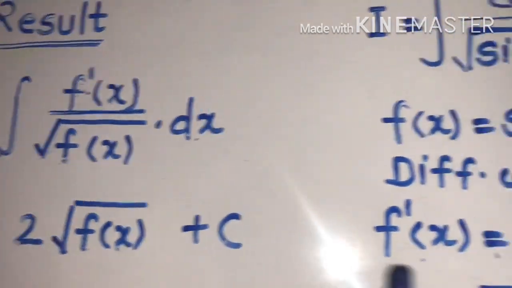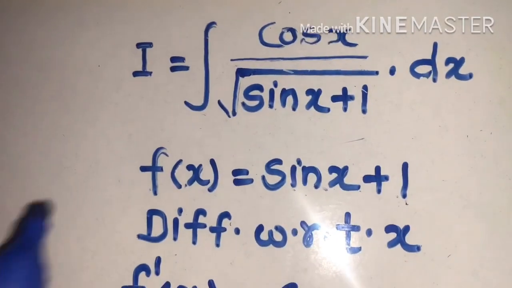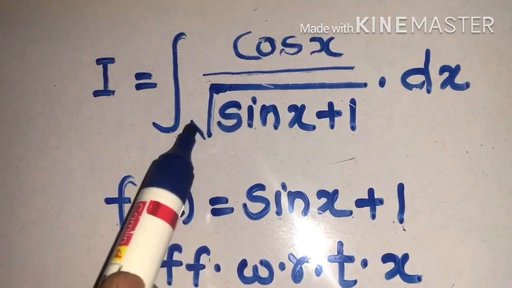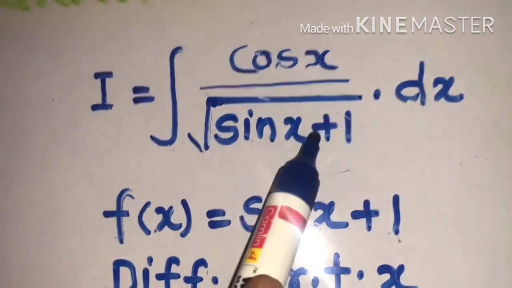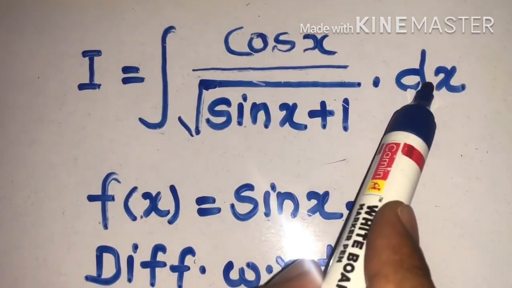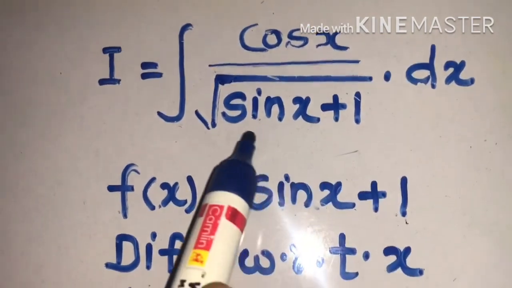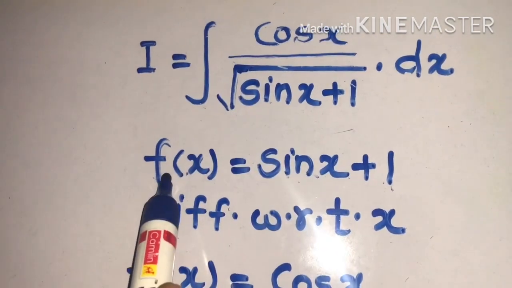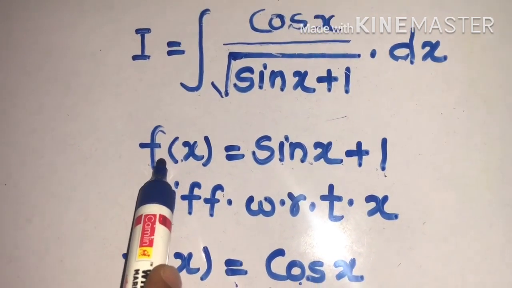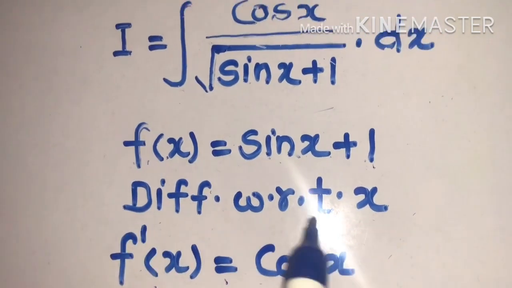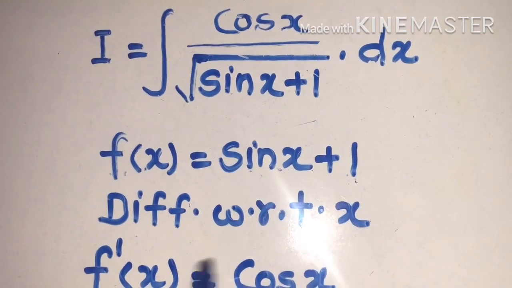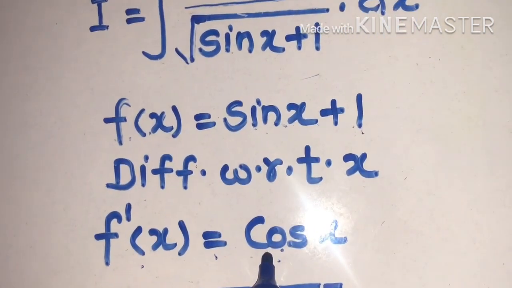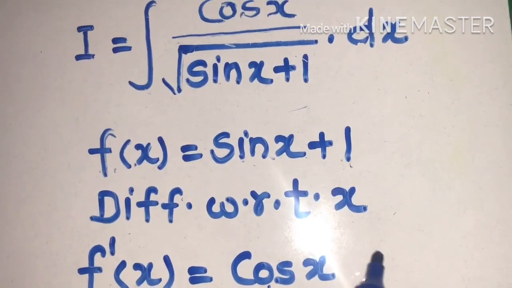Now I'll take one example based on this. Suppose I have to integrate cos x upon root of sine x plus 1 with respect to x. If I take this sine x plus 1 as a function, and we differentiate with respect to x, then I'll get its derivative as sine x has a derivative cos x and 1 has a derivative 0.